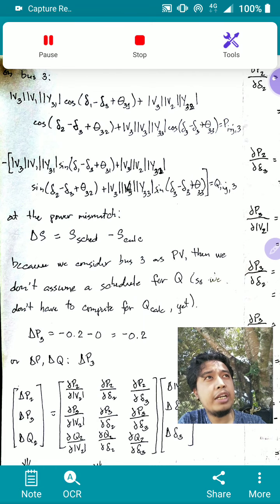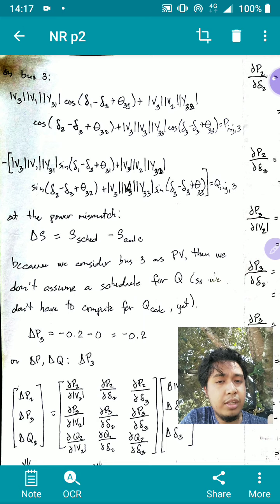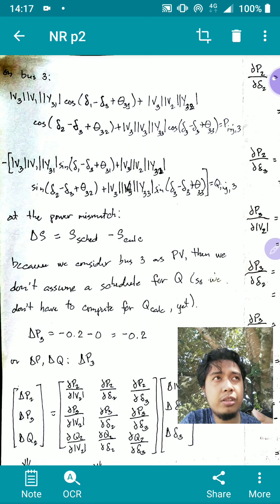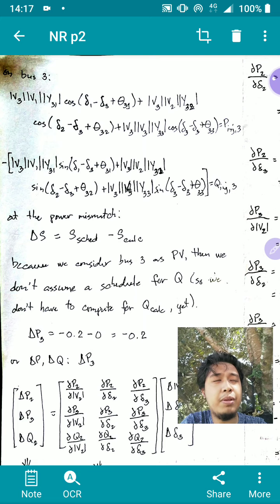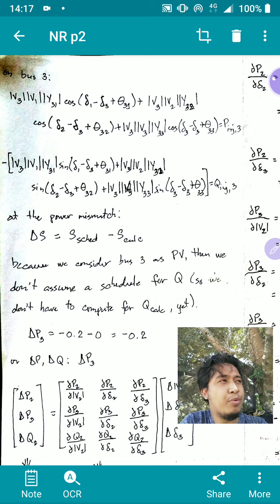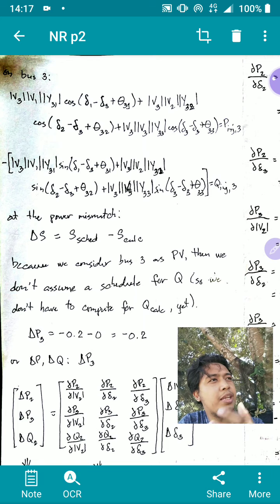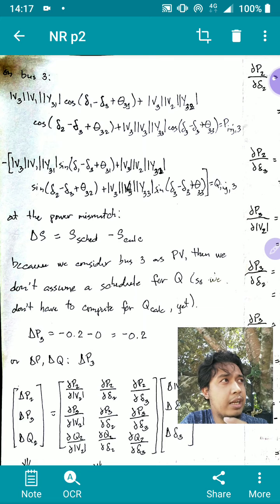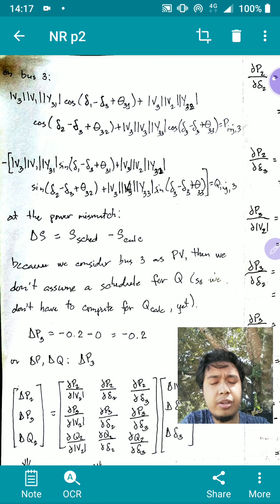Therefore, we are not maintaining a certain value of Q. So we don't really mind the schedule Q on bus 3, whatever the value is, since we want to maintain a certain P and a certain V magnitude. That leaves Q as your variable. So we don't assume a schedule for Q.